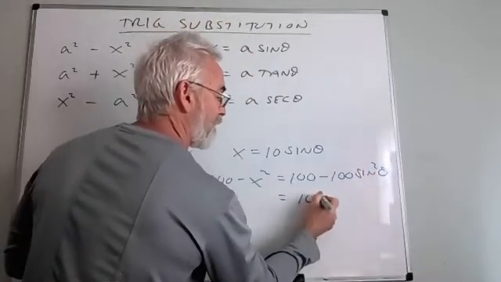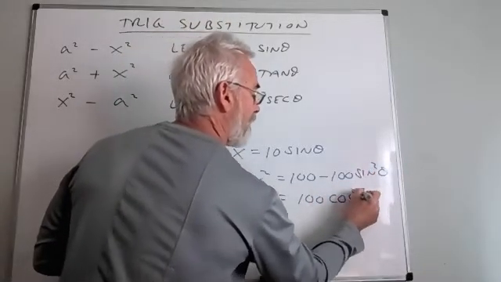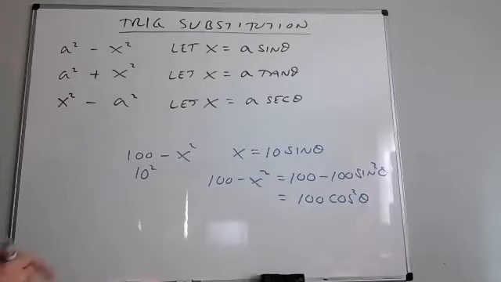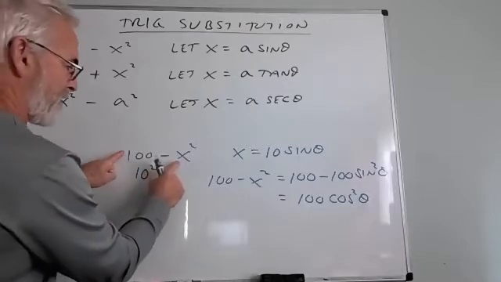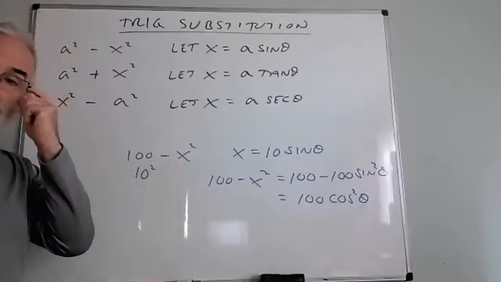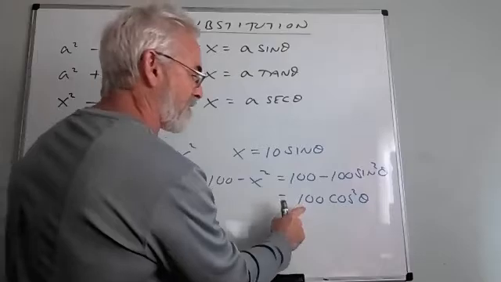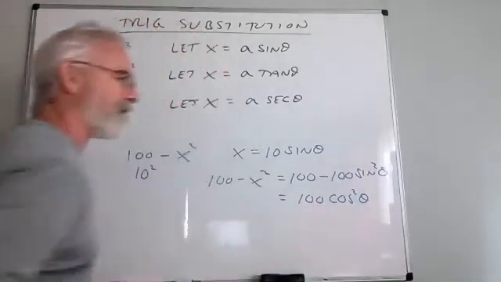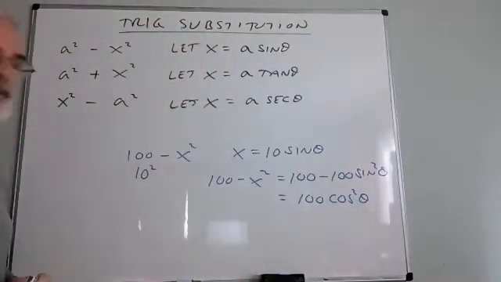And after factoring out the 100, that would give me something of this form. Meaning I started with something that was a difference, and perhaps it was under a root or it was in a denominator. But after this substitution, I get something of a much smaller form, which makes it much, much easier.